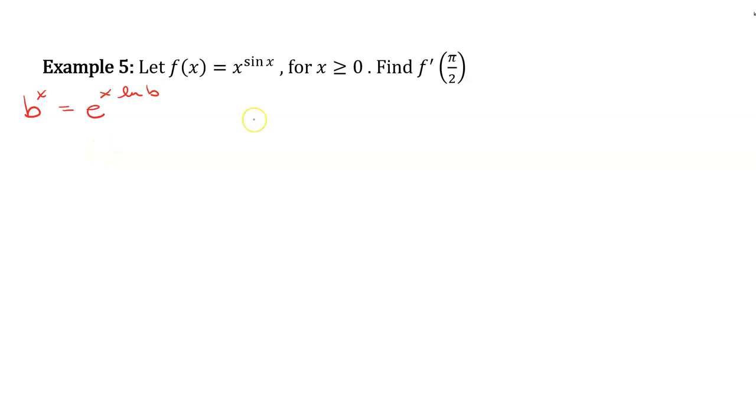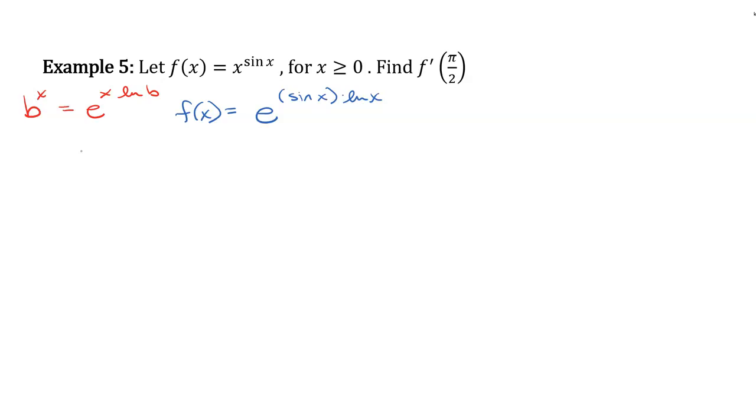So we're going to do the exact same thing here. Instead of having f of x equals x to the sine x, we're going to rewrite that as f of x equals e to the sine x times the natural log of x. And we can do that using that definition property.